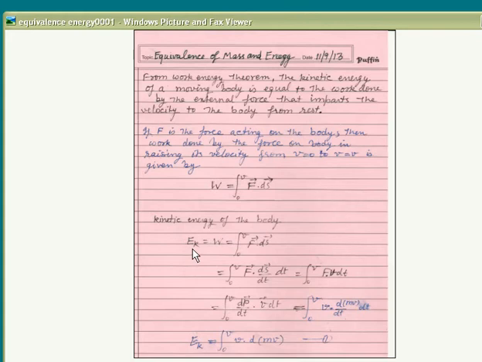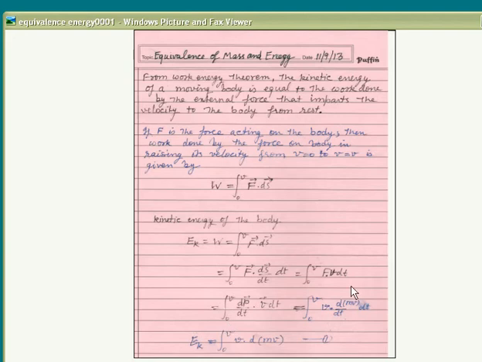Kinetic energy is equal to this work done, which is the integral from 0 to v of F dot ds. In the next line, we are just multiplying and dividing by dt. So ds upon dt becomes velocity, and we can write the integral from 0 to v of F dot v dt.